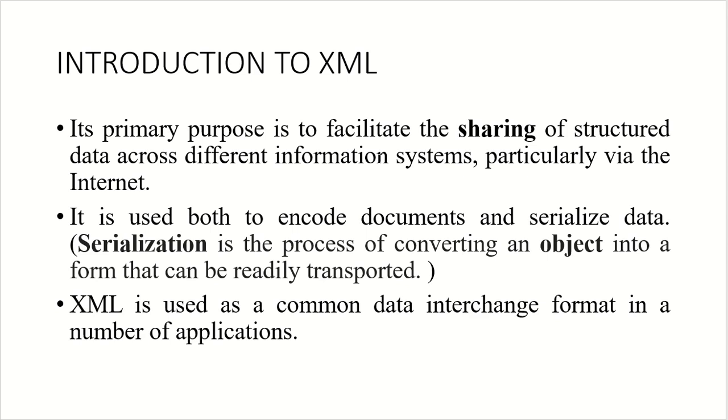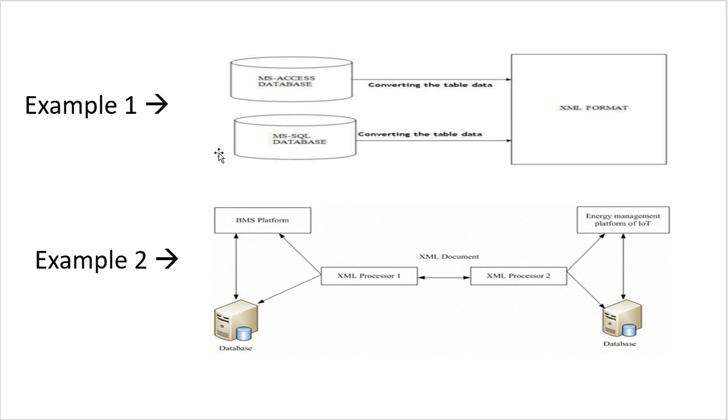Basically, machines are communicating. So how will a machine come to know, say for example in this diagram, a machine is running an application which is using an MS Access database. How will this machine know how to communicate with the machine using an application which is using an MS SQL database?